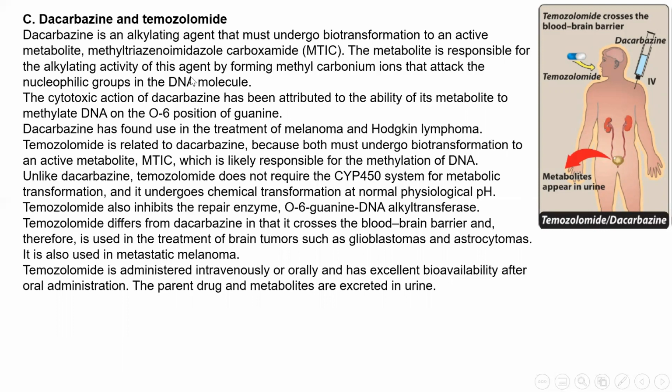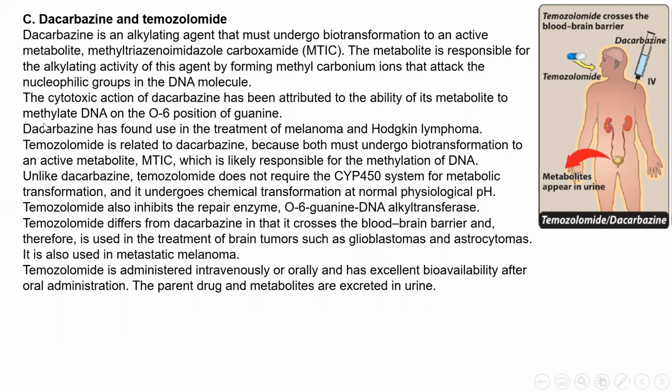This metabolite is responsible for the alkylating activity of these two agents through forming methyl carbonium ions that attack the nucleophilic groups in the DNA molecules. So these two drugs are transformed into the MTIC metabolite, and this metabolite is transformed into methyl carbonium ions, and these ions attack the nucleophilic groups in the DNA.